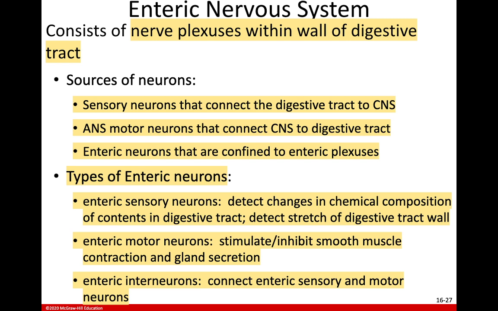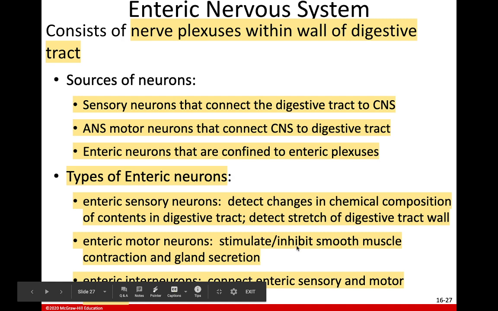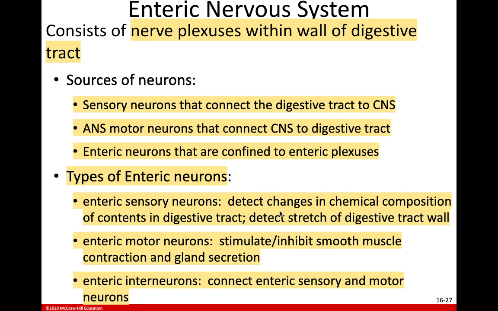Some of these motor neurons can stimulate the smooth muscle to contract and the digestive glands to secrete enzymes and things. Other enteric motor neurons will inhibit the secretions of the glands in the digestive system, or inhibit the contraction of the smooth muscle in the digestive tract. Again, whether stimulation or inhibition happens just depends upon the changes that are being detected by the sensory neurons.